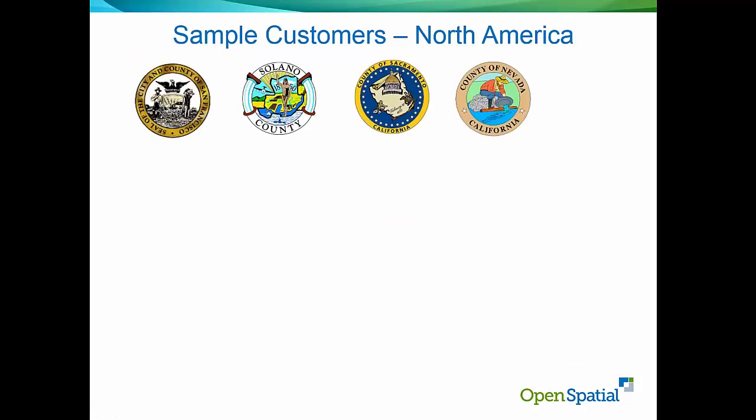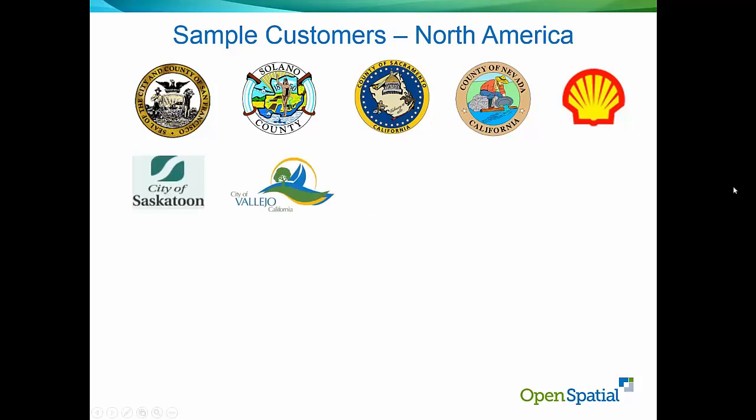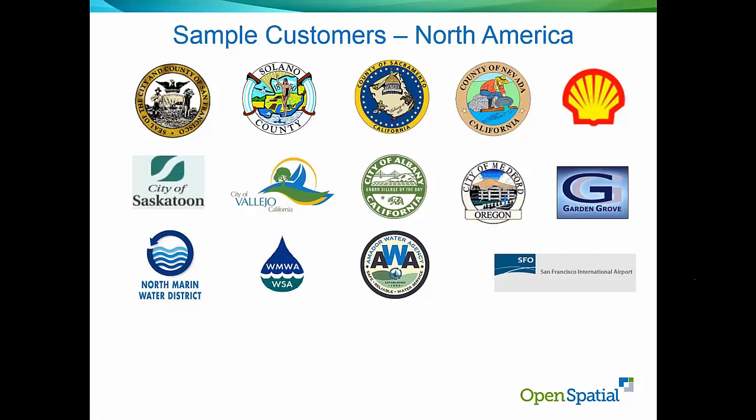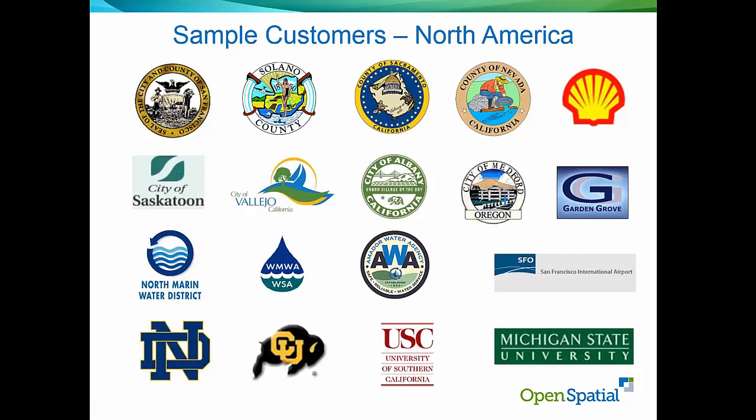Some customers include City and County of San Francisco, Solano County, Sacramento County, County of Nevada, California, Shell Appalachia, and a number of cities, just to give you an idea of sample customers who use our stuff. A lot of utility districts, and in fact college campuses as well.